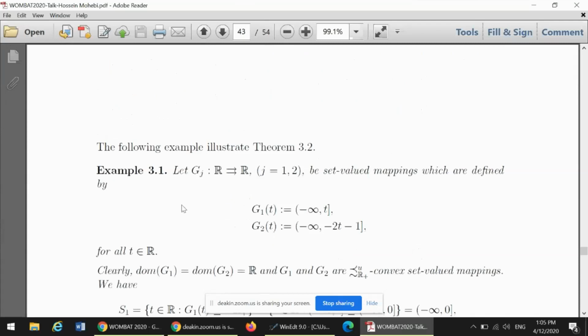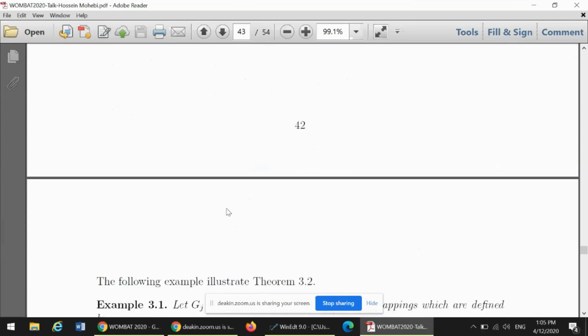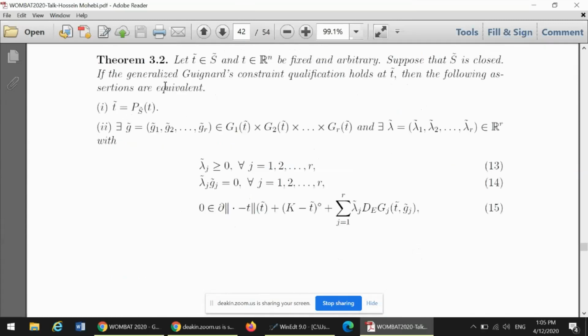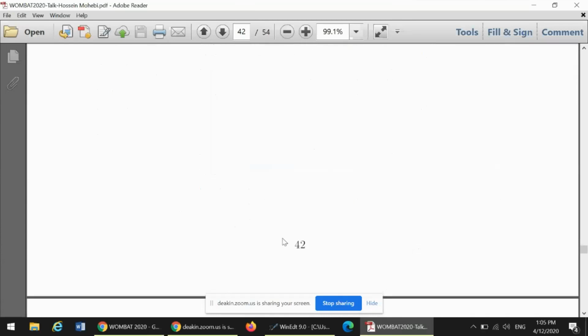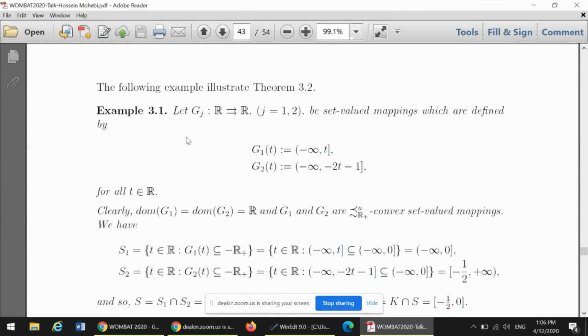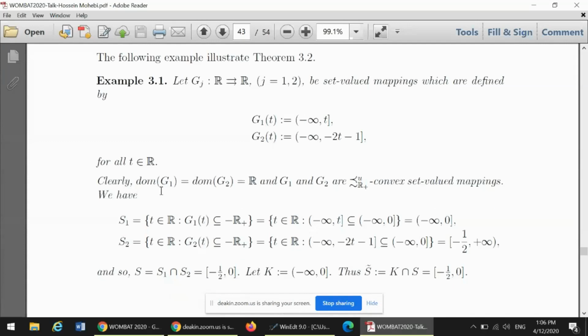We illustrate this theorem, theorem 3.2, by the following example. Let Gj from R to R be set valued mappings defined by these closed rays. In fact, the domain of G1 is equal to the domain of G2 is equal to R, and also G1 and G2 are convex with respect to the upper set less order relation.